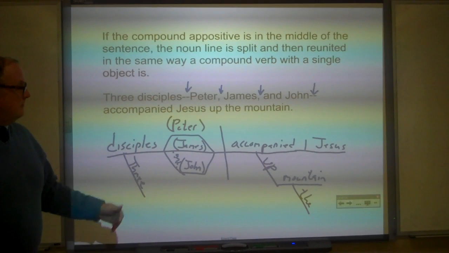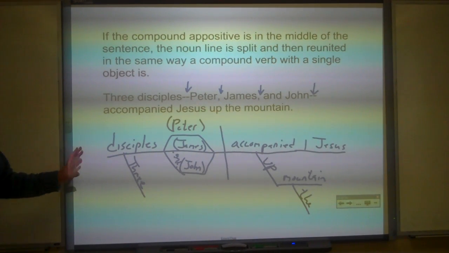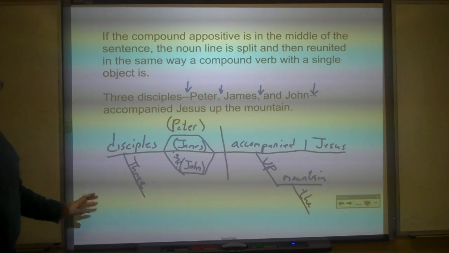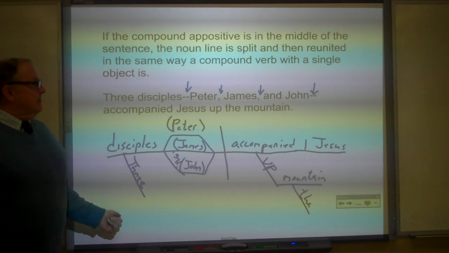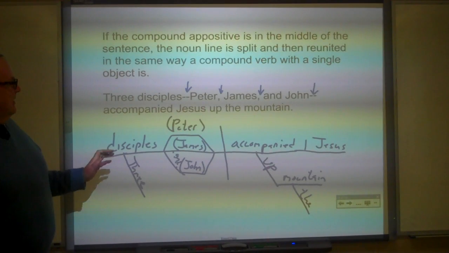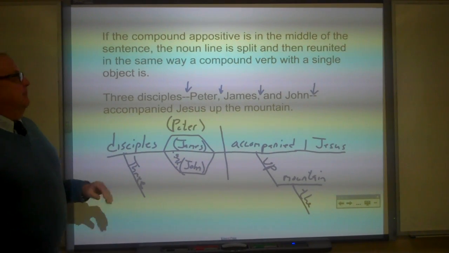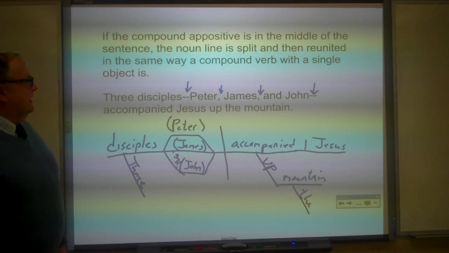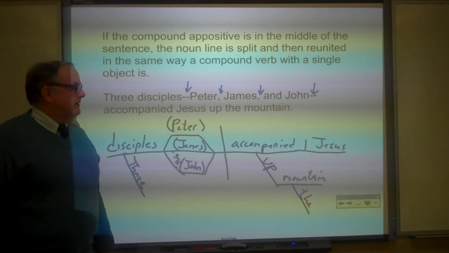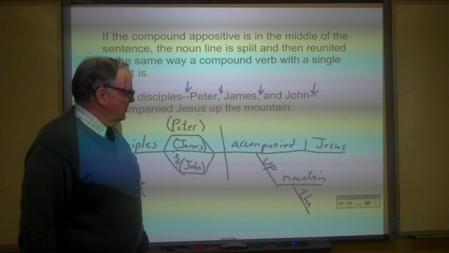So, I think you can see how that works. And this is pretty unusual, doesn't happen too often, but this is what you do if it does happen and you're diagramming an appositive this way in the middle of a sentence.